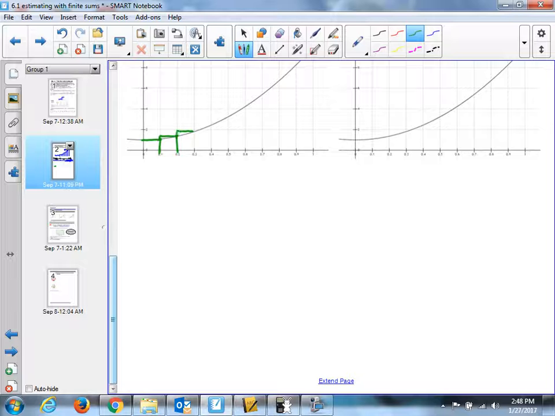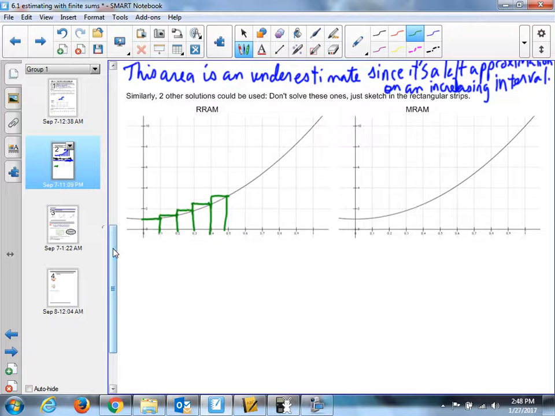So if I use the right value on the strip, you can just quickly sketch those in. I'm not going for neatness right now, it's just for learning.